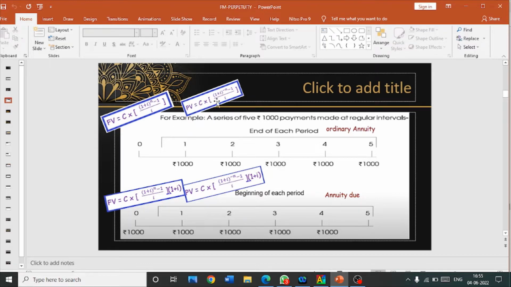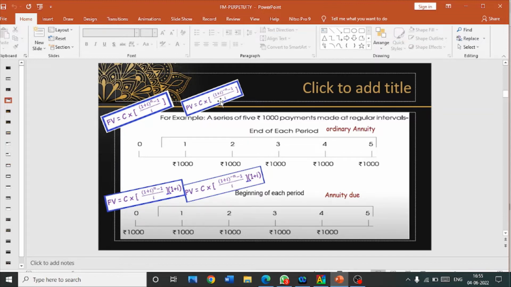Present value is C into 1 minus (1 plus i) power minus n, divided by i. This is from the future value; you will be traveling back, so the power is negative. This formula is for ordinary annuity. You all know ordinary annuity is payment made at the end of the term.